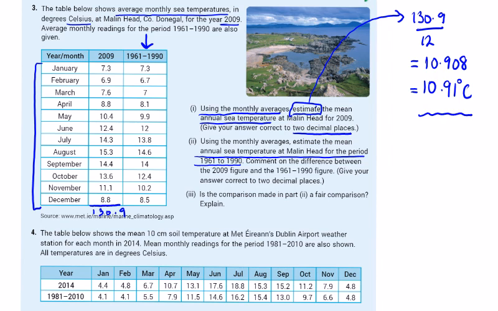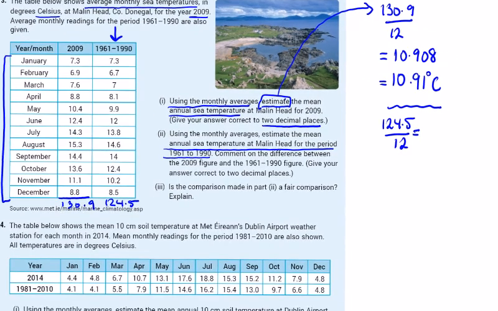So adding these, we're going to get 124.5, and 124.5 divided by 12 is going to give me 10.375, 10 and 3/8. And we're asked correct to 2 decimal places, 10.38 degrees.